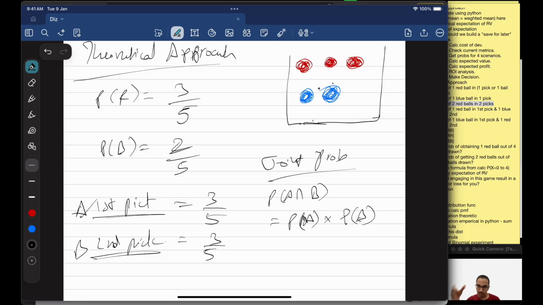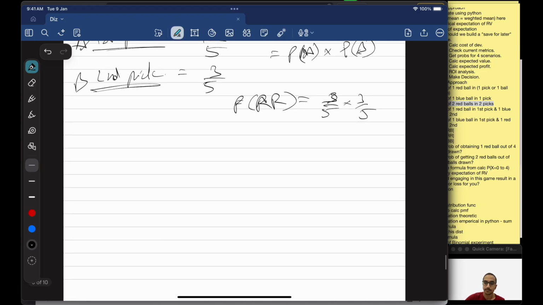We are picking the ball and putting it back, so the state is back to normal. Every time you pick, it's a fresh event. So the probability of two reds here will be 3 by 5 times 3 by 5.